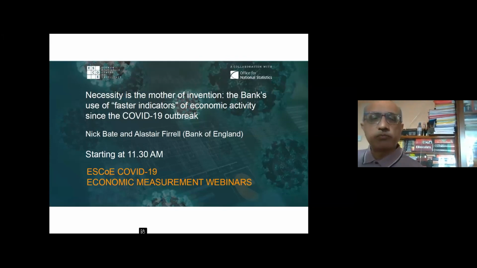But when you have a sizable shock in the economy, national or even international, like COVID-19 and government-initiated lockdowns, timeliness, quality, accuracy, relevance, etc. become very, very important. So during this year, we've had a rapid expansion in the availability and the use of faster indicators, both in the UK and abroad.